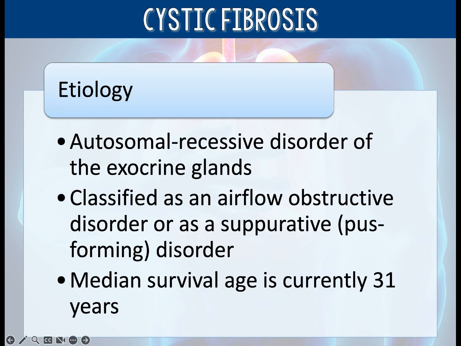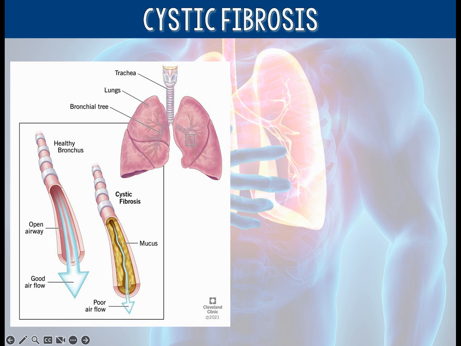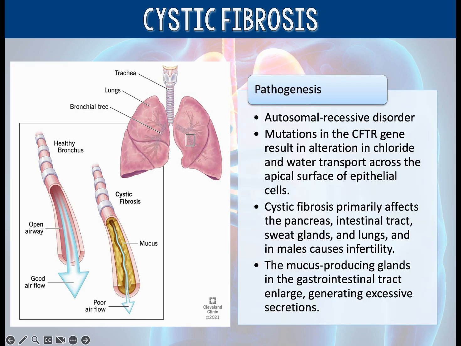They used to die fairly young, but now the median survival age is currently 31 years old, which is great. Cystic fibrosis can be classified either as an airflow obstructive disorder or a suppurative, or pus forming, disorder.